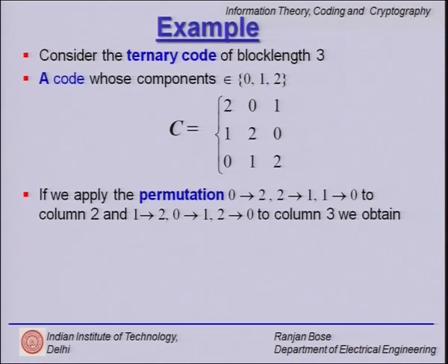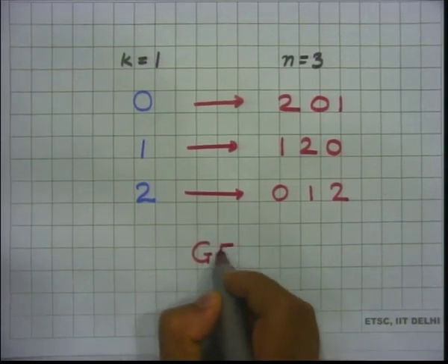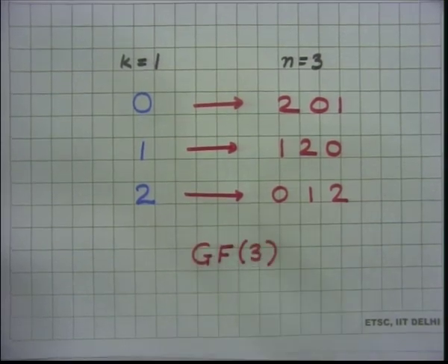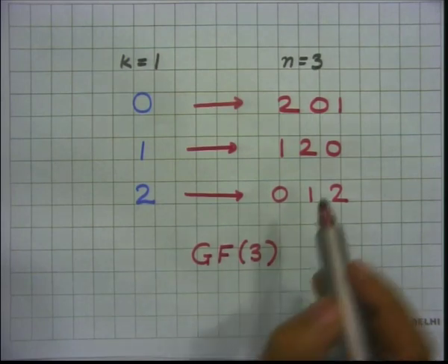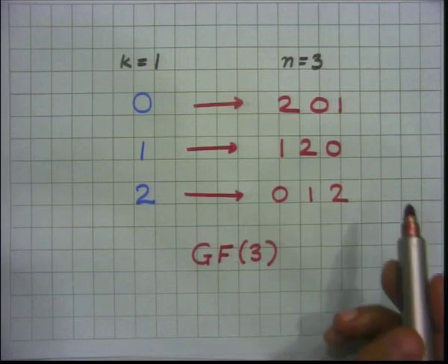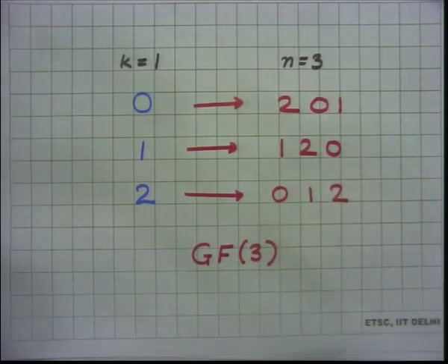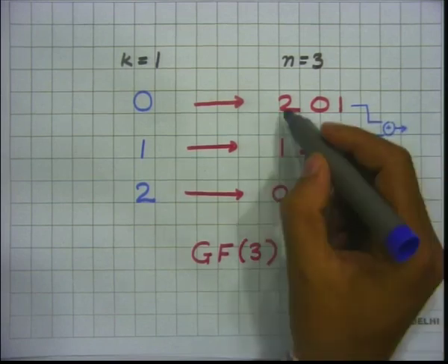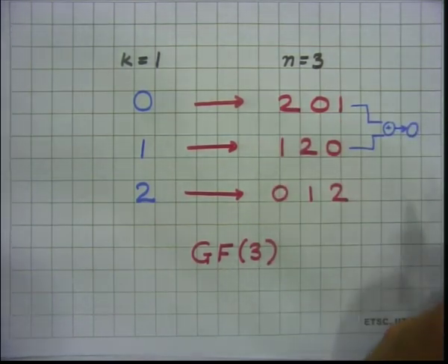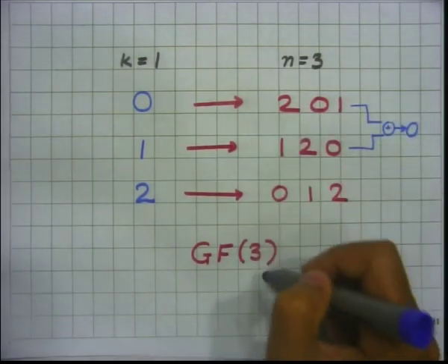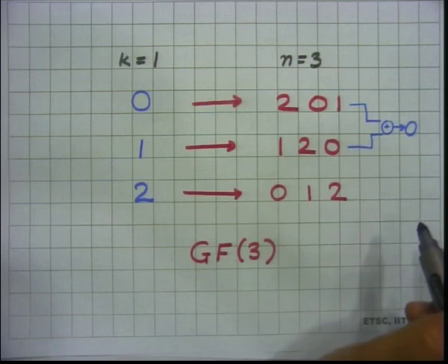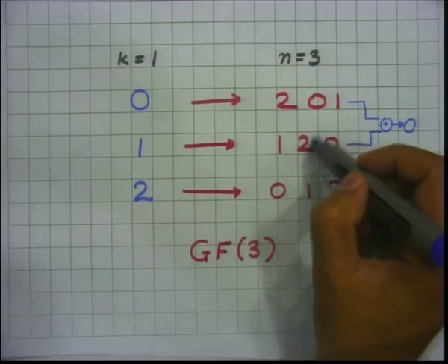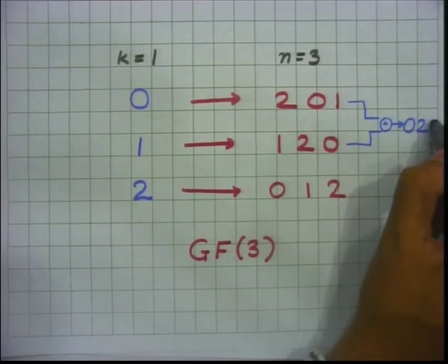And on the other hand, if you try to add any two code words, and here the arithmetic will be over GF(3), the sum of any two code words is not another valid code word. For example, if you add these two, 2 plus 1 is 0, because it is a GF(3) addition, so modular arithmetic will hold because 3 is a prime, 2 plus 0 is 2, 1 plus 0 is 1.